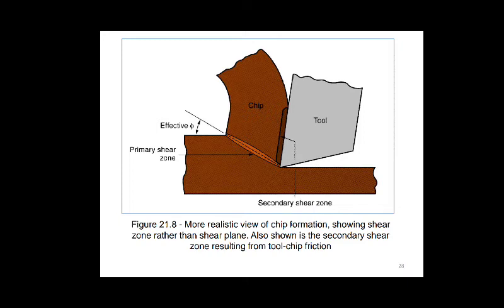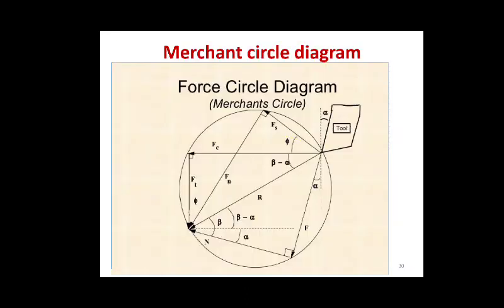Also shown is the secondary shear zone resulting from tool chip formation. Okay, now let us see next the Merchant circle analysis. So this is the Merchant circle diagram.